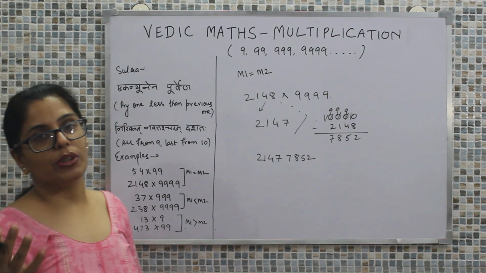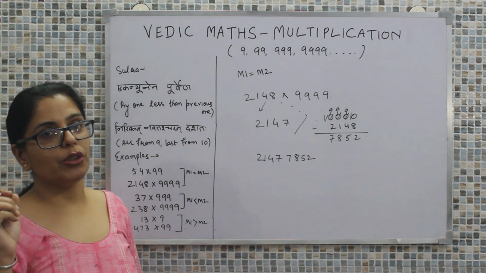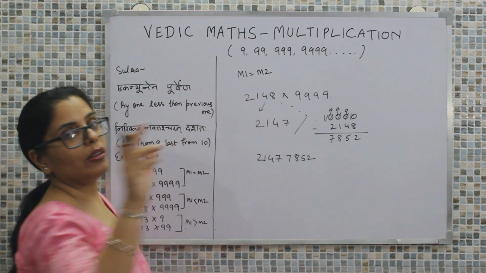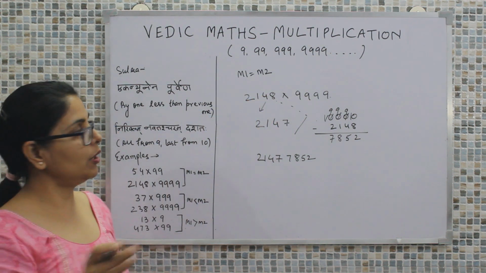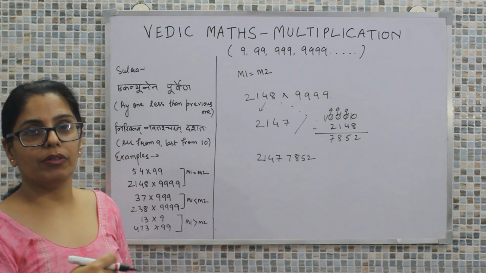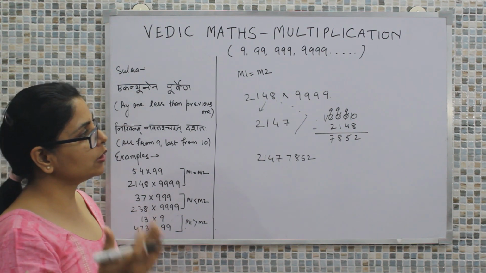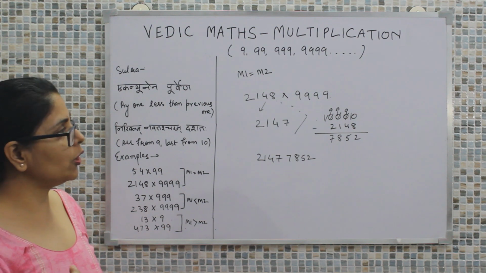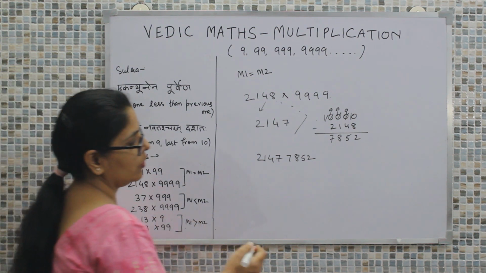Because when we go for the original or the basic approach which we used to learn in the school, there we have to multiply 2148 by 9 4 times. But here simply by reducing it by 1 in the LHS part and subtracting the RHS by 10,000 or 1,000 depending upon what is the value of 9, we can get the answer easily.